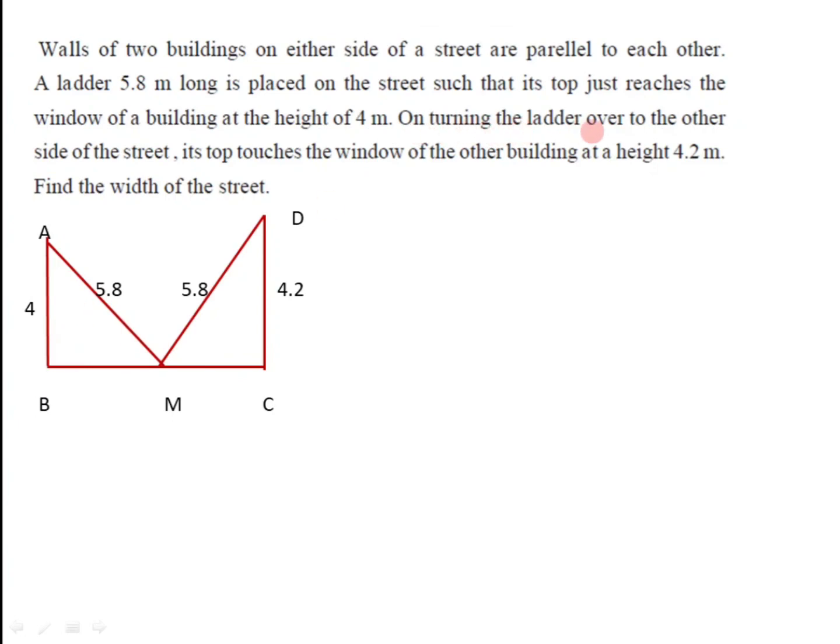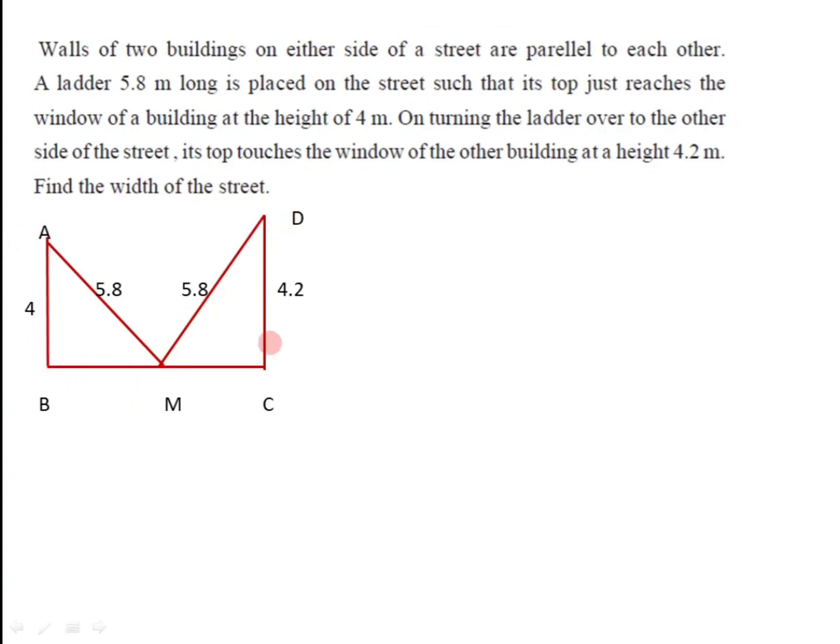Similarly, on turning the ladder over to the other side of the street, its top touches the window of the other building at a height of 4.2 meters. So if we turn this ladder AM to the other side, we get DM as the ladder this time, whose length is the same as the previous one, that is, 5.8 meters. So this is the diagram, and from this we have to find the width of the street.